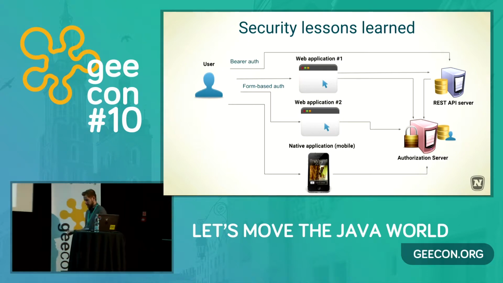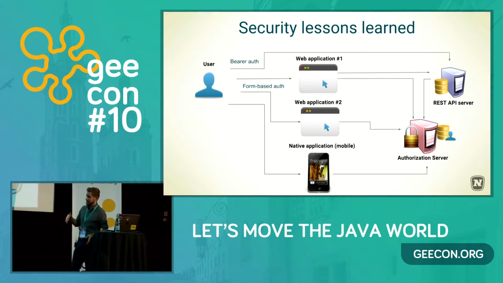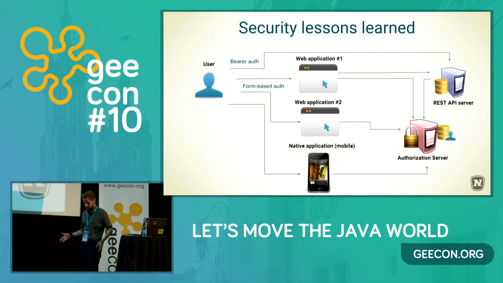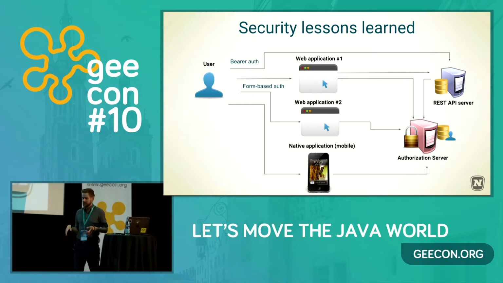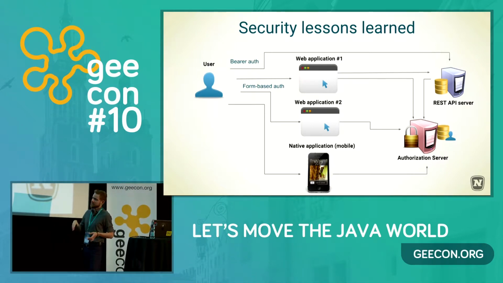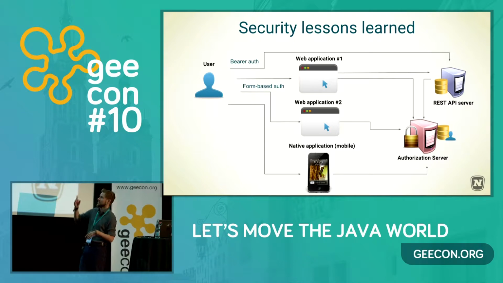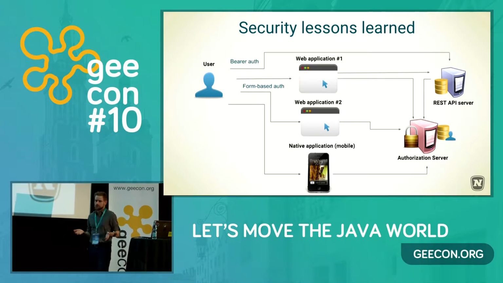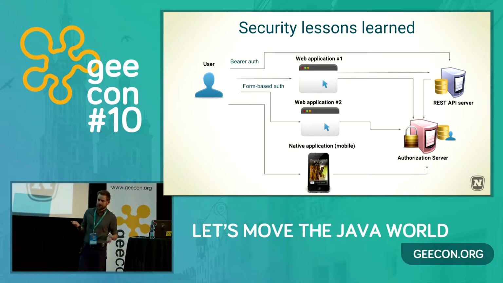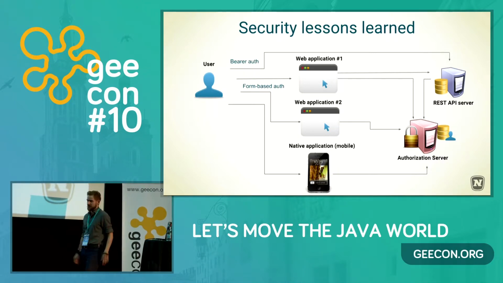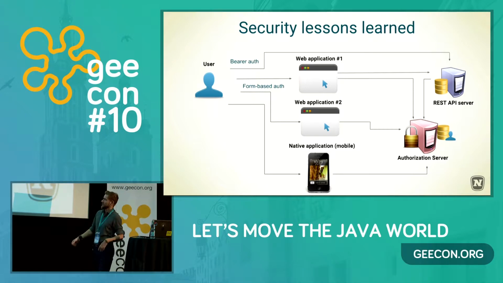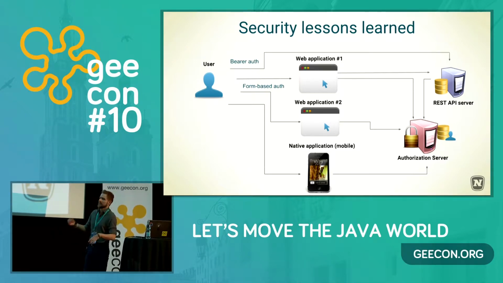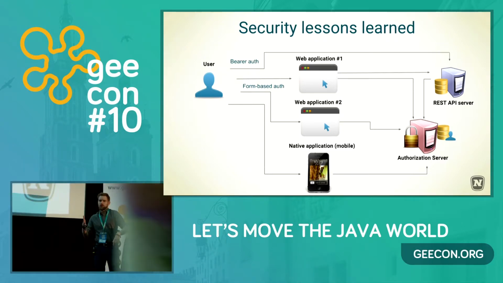So what happened is we went for the authorization server, and it was some sort of a token service, let's say. Instead of exchanging usernames and passwords, because obviously we cannot keep our passwords in plain text in the web application and then authenticate with the REST API, we figured out we can use some sort of tokens.